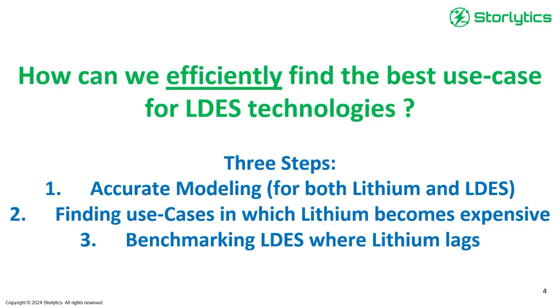So that second step is geared towards, all right, lithium is the benchmark, like it or not, for grid energy storage today, right? So we need to find a use case in which it simply doesn't perform as well. And then third, benchmarking the long duration energy storage technology with lithium in the use cases where lithium isn't as good.